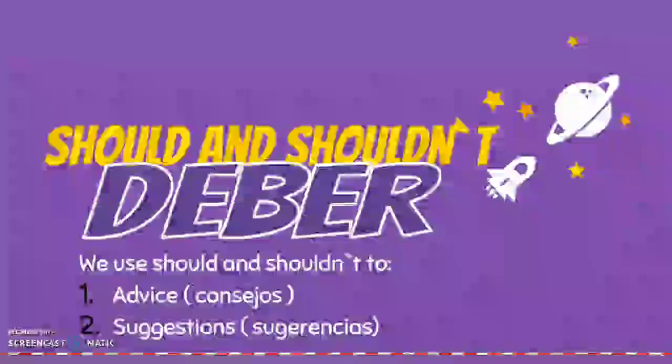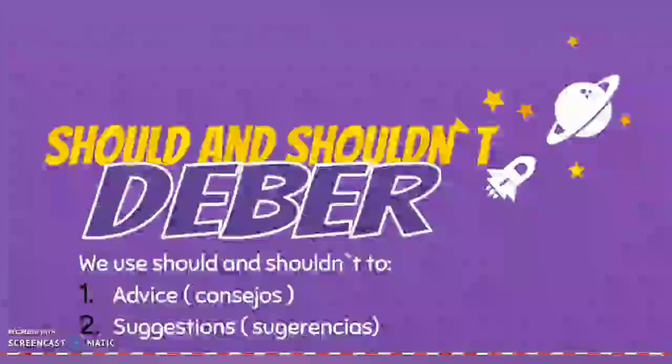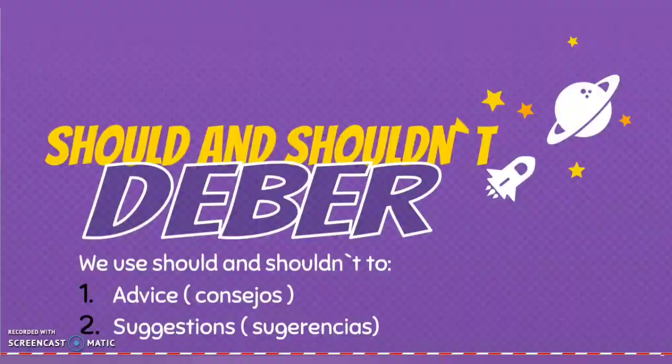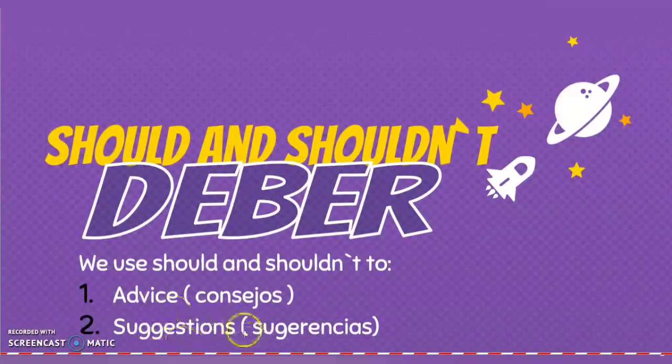So it's that kind of deber. So we use should and shouldn't. Usamos should and shouldn't to, number 1, give advice. Advice is consejos. And number 2, to give suggestions. That is sugerencias. So number 1, advice, and number 2, suggestions are the uses of should.